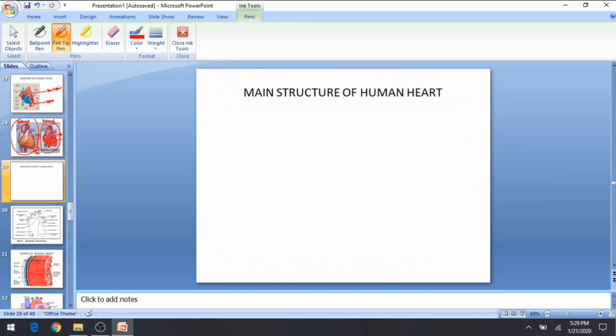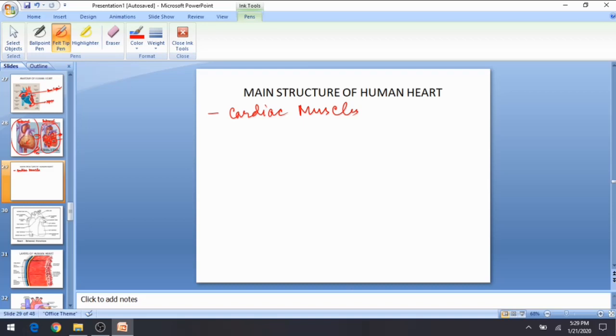So if we need to describe the main structure of the human heart, it is basically made up of cardiac muscles which contract and relax rhythmically.